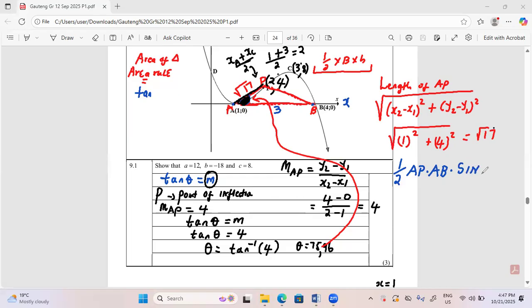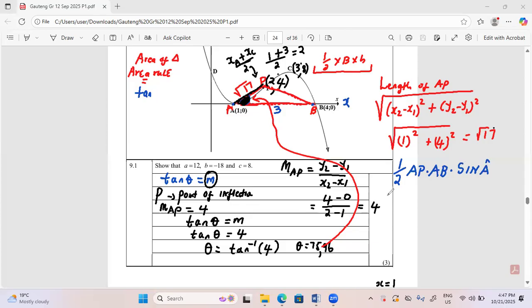What is your included angle? It's angle A. Calculating the area of a triangle, you need two sides and the included angle, meaning the angle which is between those two sides. Angle A is between the line AP and the line AB, and we have the length of AP and the length of AB.